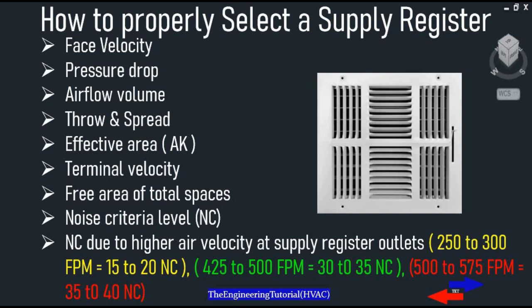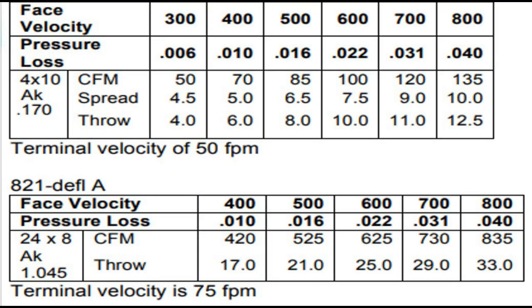The fifth one is effective area or correction factor, which is also known as Ak, a laboratory calculated area in square feet of an outlet based on average measured velocity between vents. The sixth one is the terminal velocity, which is the velocity of supply air from registers dropping between 75 FPM and 50 FPM.